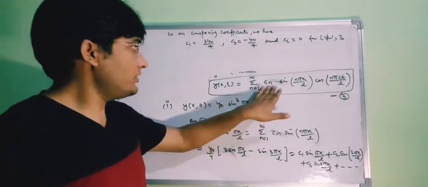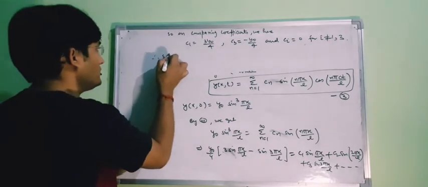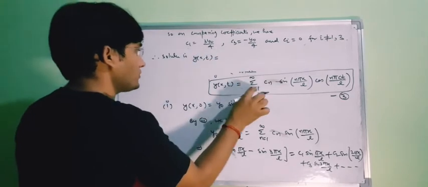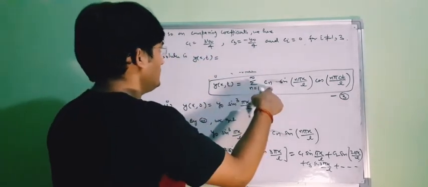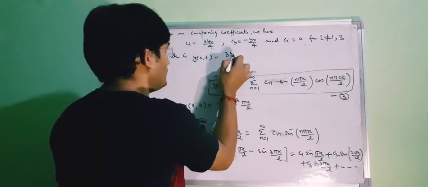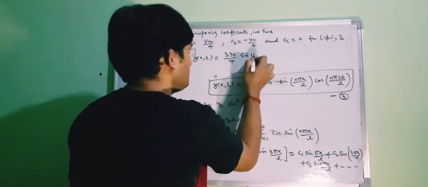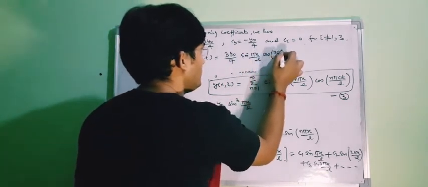Now just put the value of C1 and C3 here. So therefore the solution is y(x,t) equal to, this was your solution. Now put n equal to 1. So if n is 1, then this will be your C1. So C1 is 3y0 upon 4. Now if n is 1, then this will be your sin(pi x upon L) into cos(pi ct upon L).